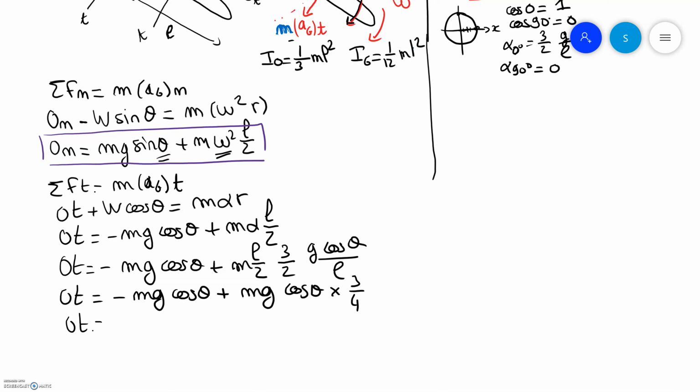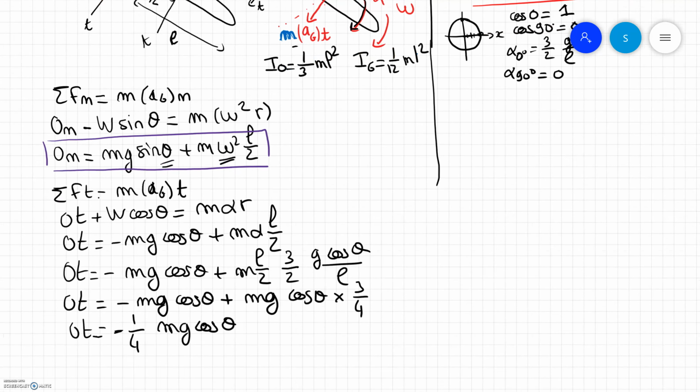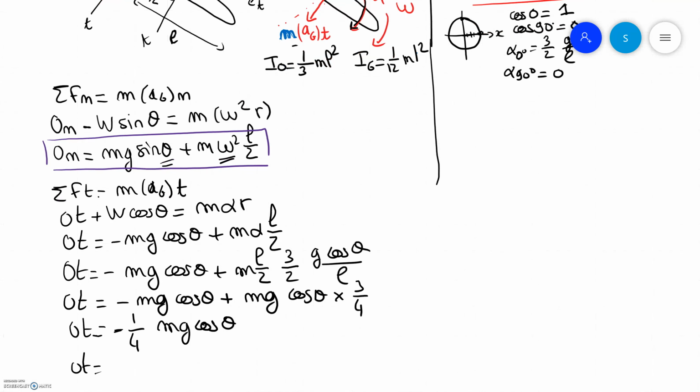So OT is equal to minus 1 divided by 4 mg cosine theta. Okay, the minus is just to say that it is in the opposite direction. So OT is supposed to be 1/4 mg cosine theta going up and right. Okay, so that's for the OT.